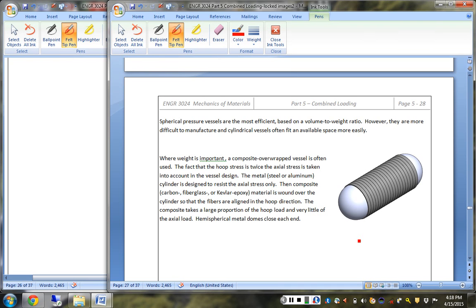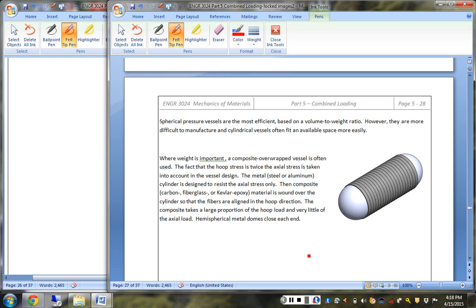So you either change the structure of the wall, or you wrap the outside of the wall, or you do something to account for the fact that the hoop direction sees that factor of 2 more stress. So that's the scoop with that.